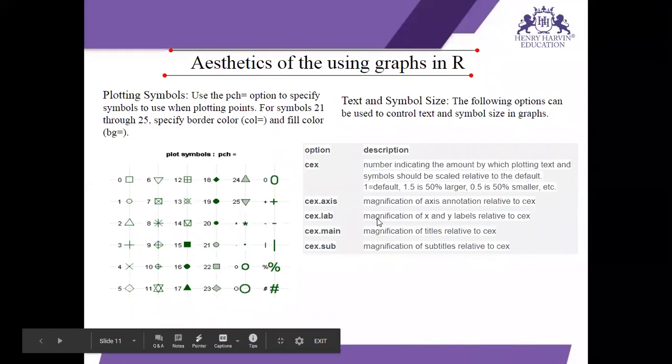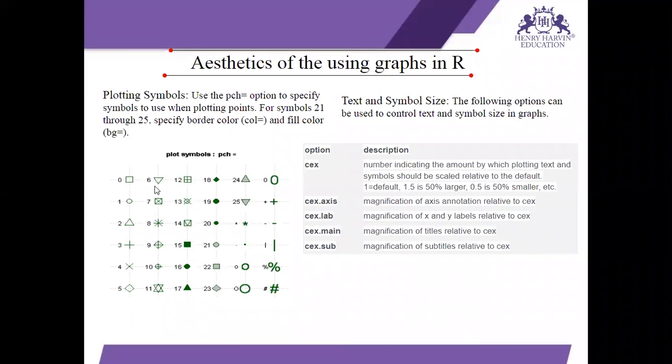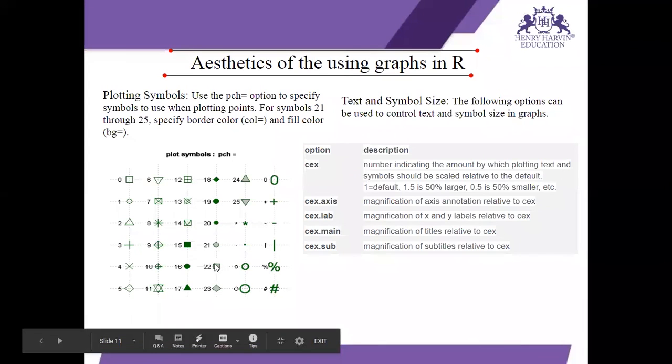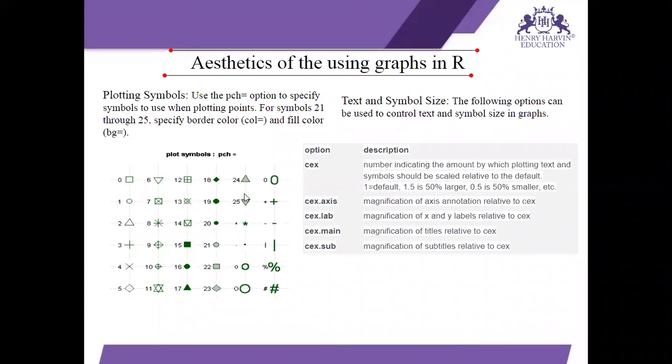The command used to set the plotting symbol is pch. You can type pch equal to the number of that symbol. If I want a big circle, it is 21 here. If you want a square sign, it is 22, and for a downward arrow it is 25. Similarly you can take different types of symbols.